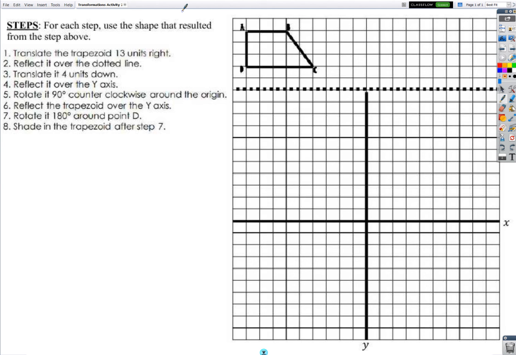Since we struggled with this, and since we're not going to have a reference sheet for the test, just for fun, let's write this in what they called arrow notation. So what would be that rule for number one? I'm going to get every x and y, and if I'm going to move them to the right, it would be x plus 13, and the y just stays the same. They're not asking us to do that, but let's do it anyways. So let's count 13 units.